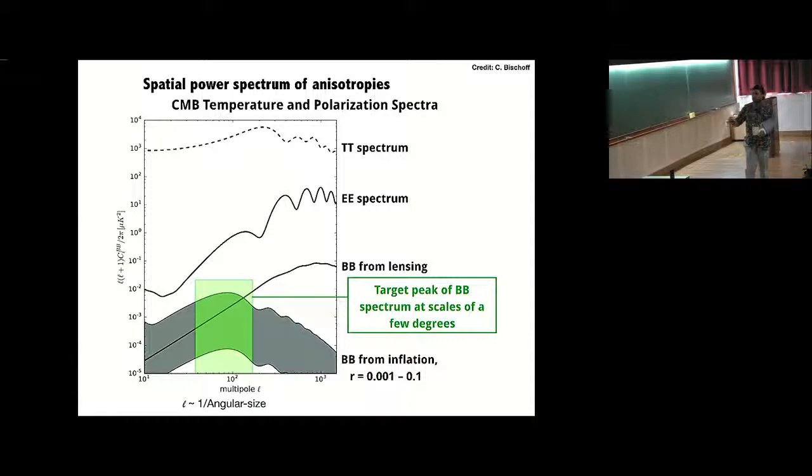Even there, the inflationary ones, we don't know what the scale is, but they're somewhere in this gray band, could be even lower. On top of that, you also have B modes that come from the intervening matter potential between the CMB at high redshift and us today. This only demonstrates that we have to go a long way in sensitivity to be able to probe this interesting physics.